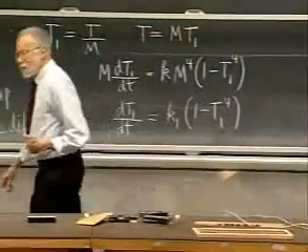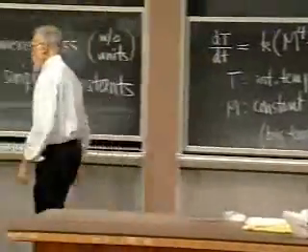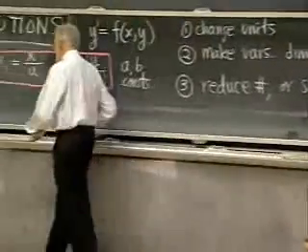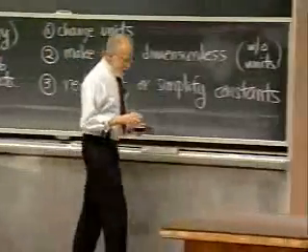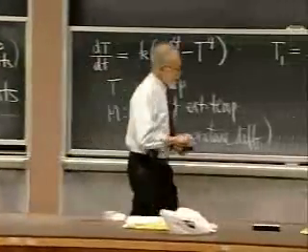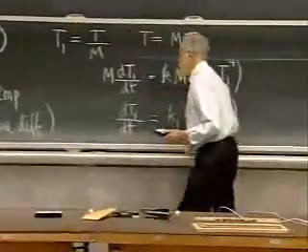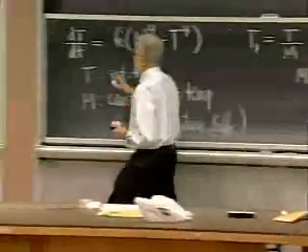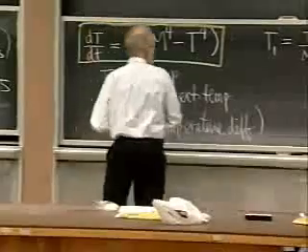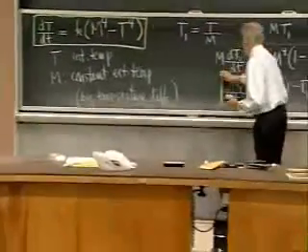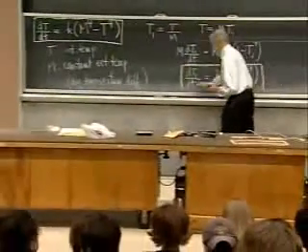It's no harder to solve and no easier to solve than the original one, but it's been simplified slightly. For one thing, it looks better. To compare the two, I'll put this one up in green and this one in green too, just to convince you it's the same equation.